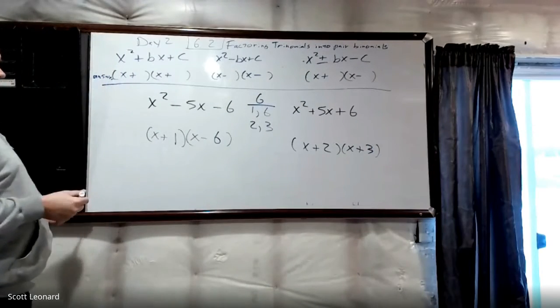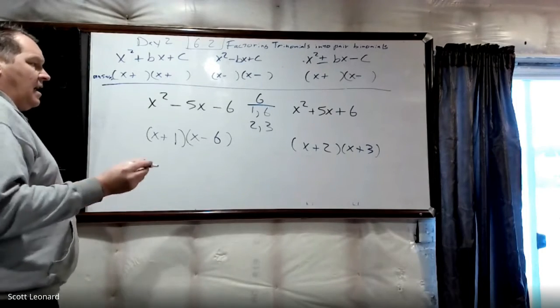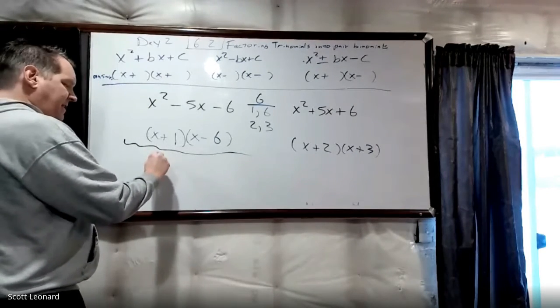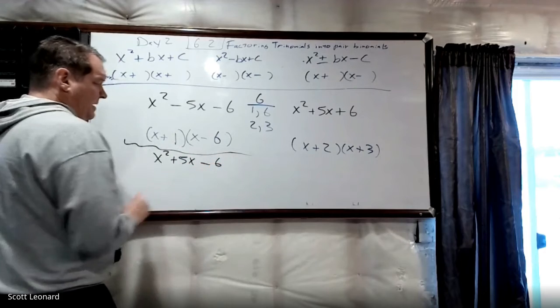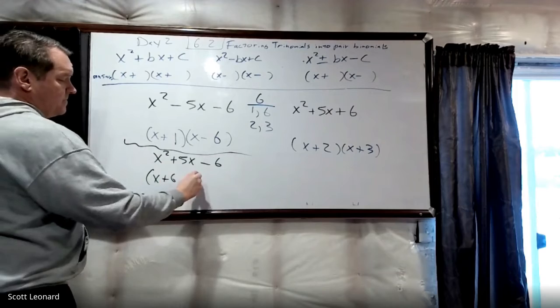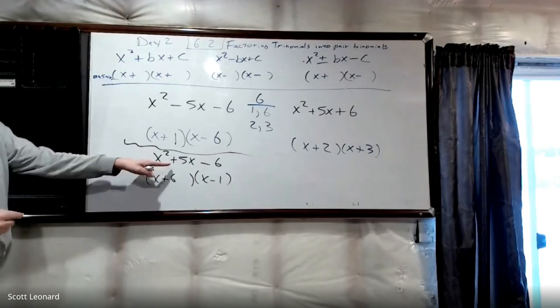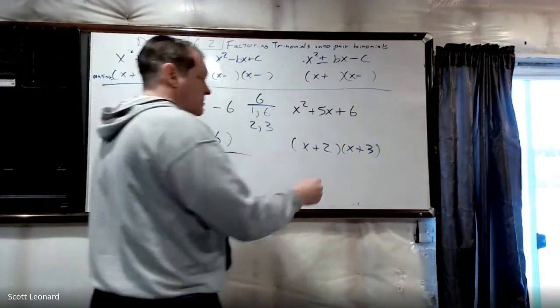Now, once again, same looking problem, just slightly different. For example, as a quick heads up, say I had x squared plus 5x minus 6. My signs would just switch. I'd have x plus 6, x minus 1. Because the +5, that would be a +6, that would be a -1.